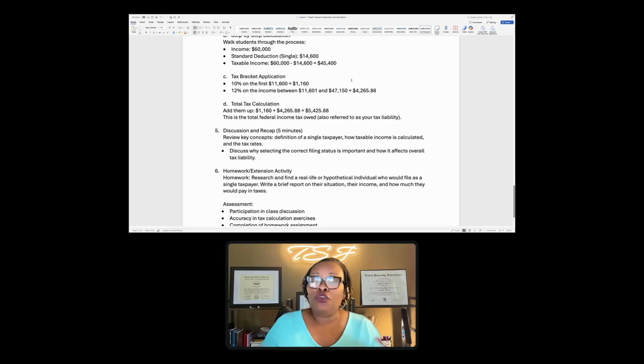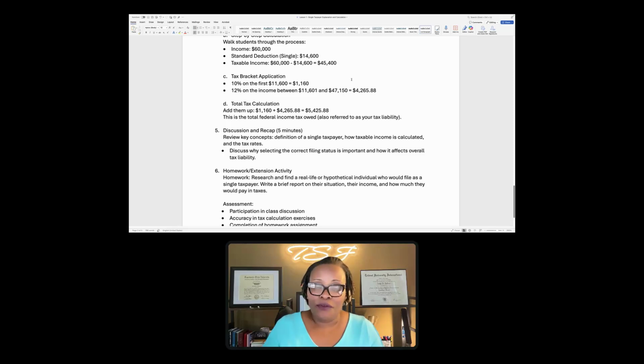So then you sum up the tax liability based on the incremental tax brackets. In this scenario, you would add up the $1,160 plus the $4,265.88, and that comes out to be $5,425.88.